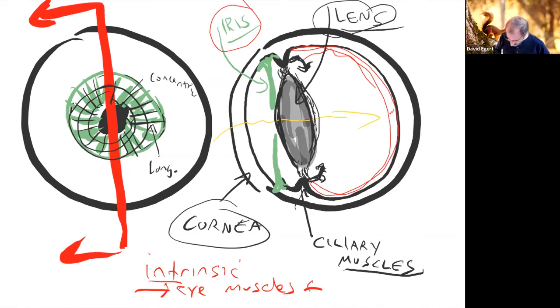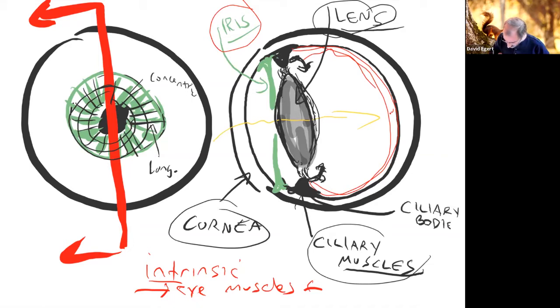So the ciliary muscles are here. They are part of a larger structure, which we just call the ciliary bodies. And these produce what's called aqueous humor, which is a lot like CSF. Let me spell correctly.